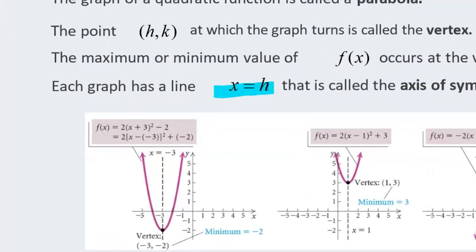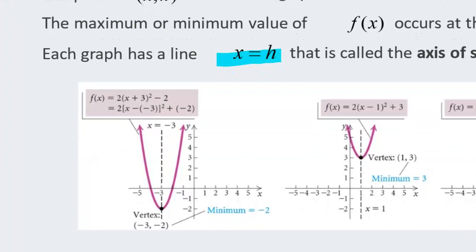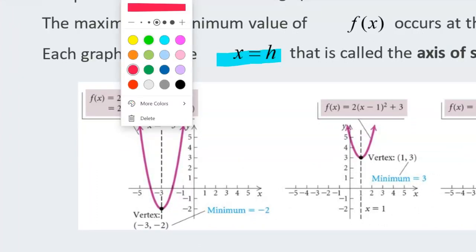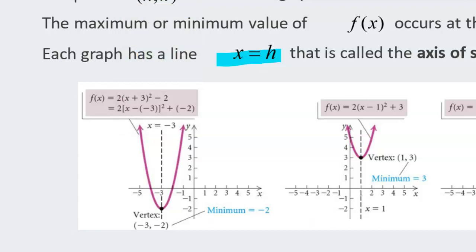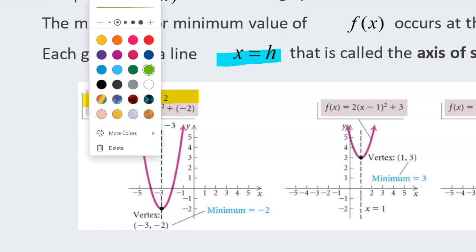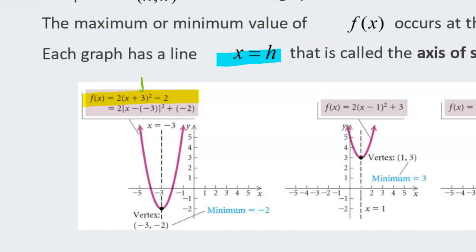Another thing to notice is that in this first example, if I look at this version of the function, it's in a graph transformation format, and it ties in with an example we were doing at the end of the last video where we were looking for the maximum height of a ball that was being thrown. And we said that the x-coordinate was going to come from here, and that had to do with the graph being shifted to the left.